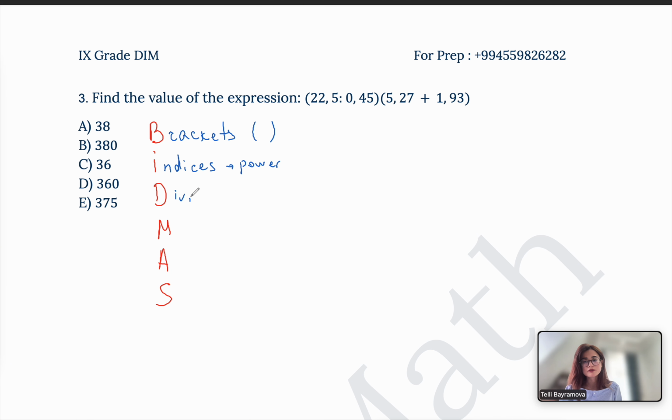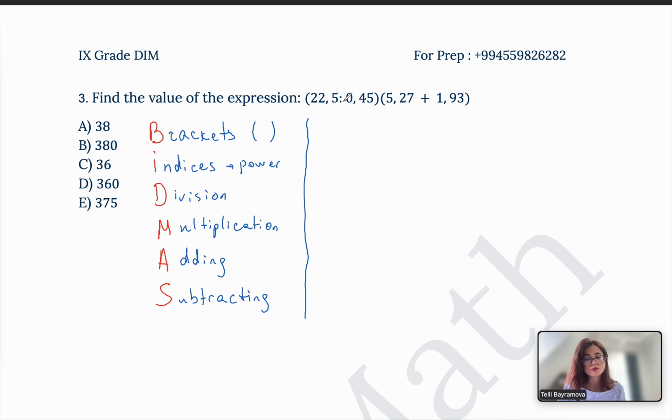Then division or multiplication, whichever comes first, you have to solve it. Then adding and subtracting, whichever comes first, you solve it. So let's do 22.5 divided by 0.45.